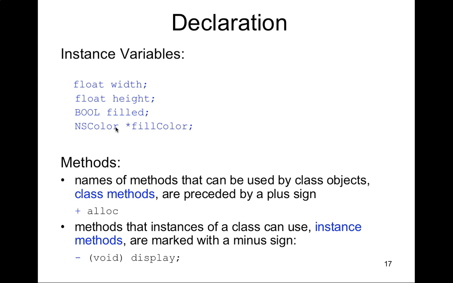We saw this actually. This is the same as C++ and Java, except the NSColor, which is similar to the NSString. Essentially NS anything is coming from NeXTSTEP, which is the operating system that Cocoa developed from, and it is essentially the definition of the type of variable. So the data type here is going to be an NSColor.